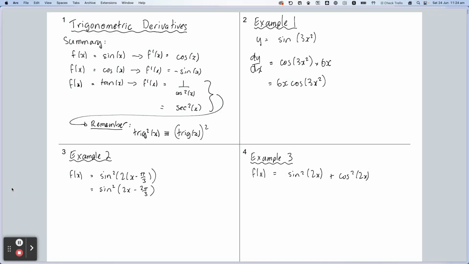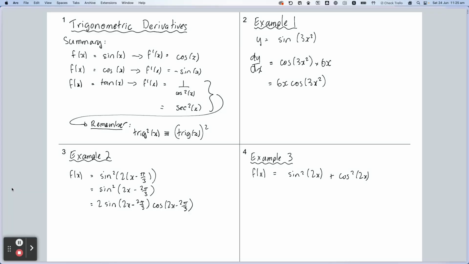So we deal with the square first. So the 2 comes down, and we're left with sine to the power of 1 now. So it's just sine of 2x minus 2 pi on 3. That's the outer shell done. Next shell down is sine of 2x minus 2 pi on 3, and the derivative of sine of 2x minus 2 pi on 3 is the cosine of 2x minus 2 pi on 3, like so.